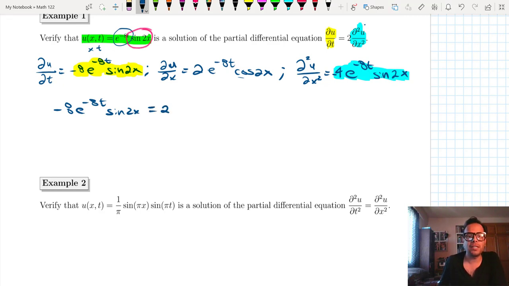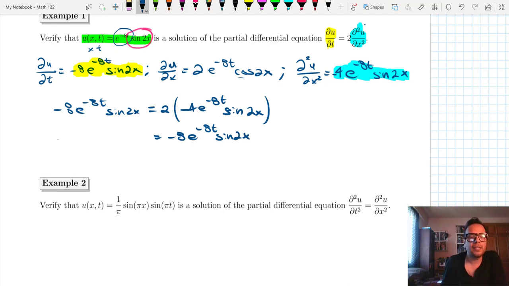All right, so let me write negative 8 e to the negative 8t sine 2x. That equals 2 times the quantity negative 4 e to the negative 8t sine of 2x. Okay, so in this case 2 times negative 4 will give us negative 8 e to the negative 8t sine of 2x.